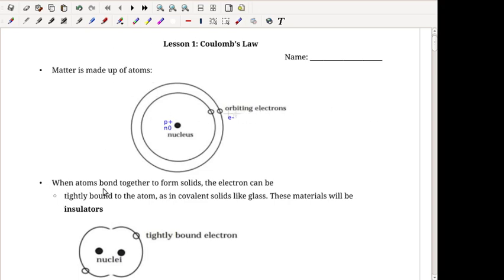When atoms bond together to form solids, the electrons can be tightly bound to the atom, as in covalent solids like glass. If you don't know this term covalent, that comes from chemistry. It's not so important in physics. These materials with tightly bound electrons are called insulators. Covalent means they're actually sharing the electrons, and the electrons are tightly bound.